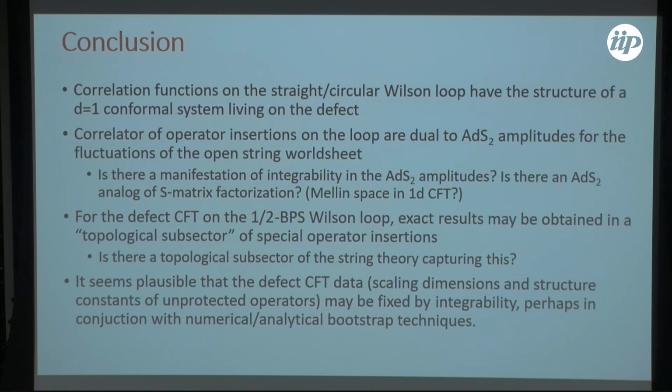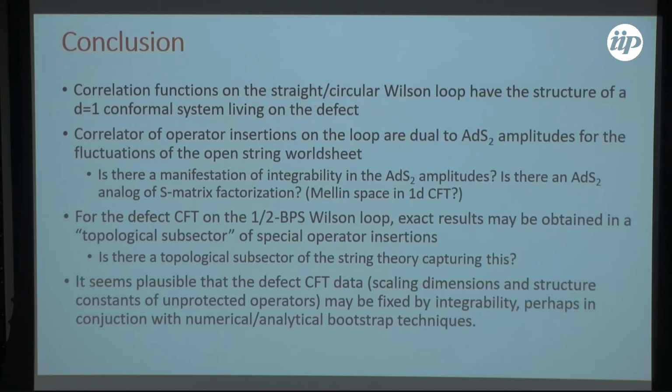But if you just apply the definition of Mellin amplitude that people use in higher dimensional CFT, you just get a function of 2 variables, S and T. And then it's not clear how to interpret that as some kind of scattering amplitude in a 2-dimensional theory. I also discussed how for the case of the half-BPS Wilson loop, we can get various exact results in a topological subsector of these special operator insertions.